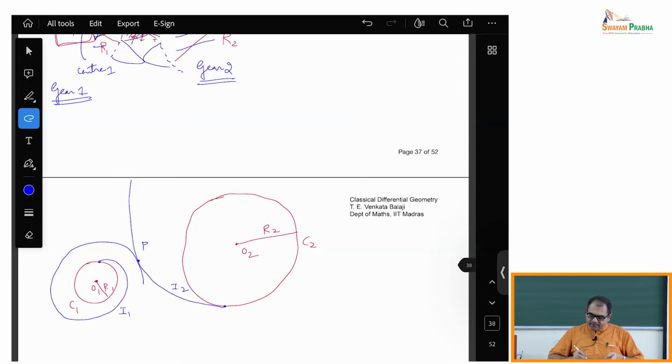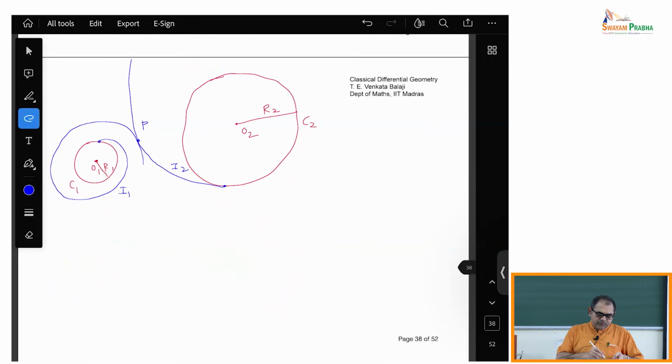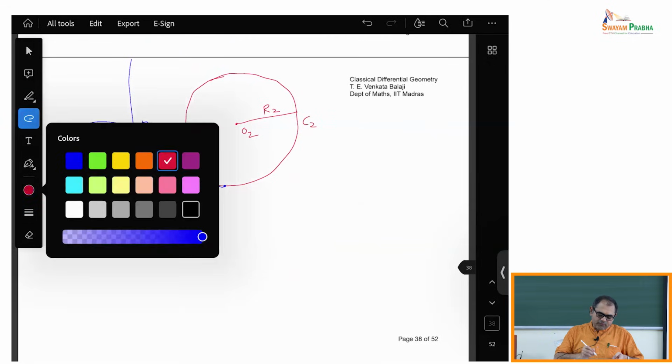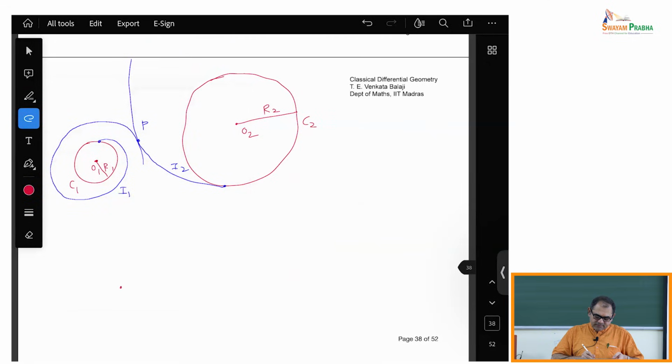So this diagram is not accurate, so let me do it one by one. You do the following thing. I take this first circle centered at O1. This is C1. Then I take this point here, and I draw the involute from here.